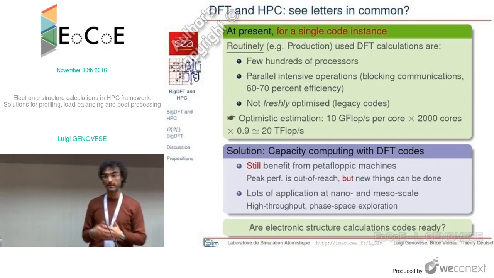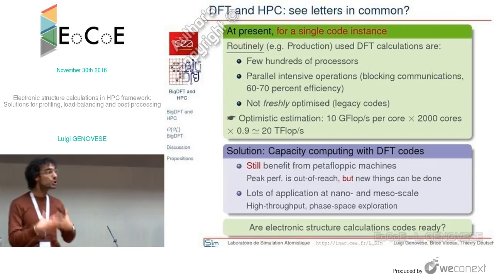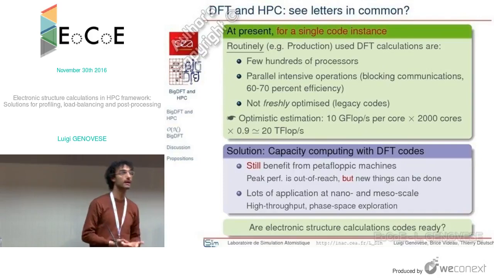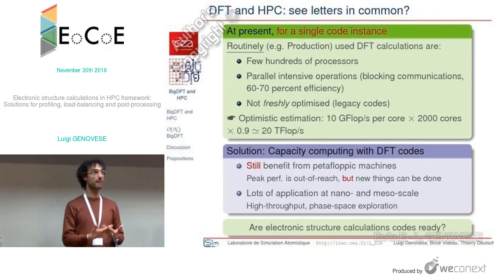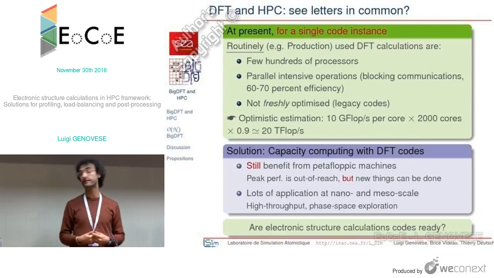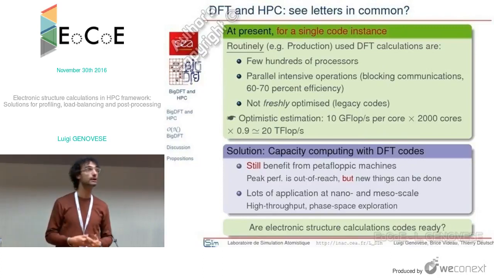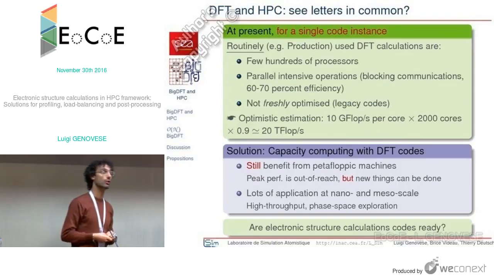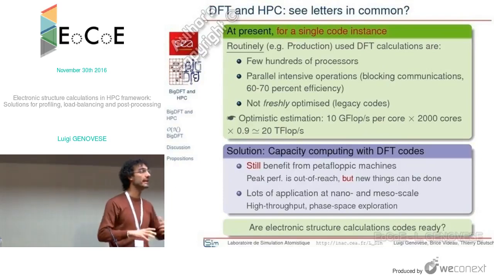The point is that exaflop is the usage of a very big machine in an efficient way, which gives you the possibility of obtaining new physics. So exaflop can be done in a DFT paradigm, in an electronic structure computation paradigm, but one has to take care of some particular points which are related to the behavior of your code on a large machine. I will try to give you some examples on this occasion.